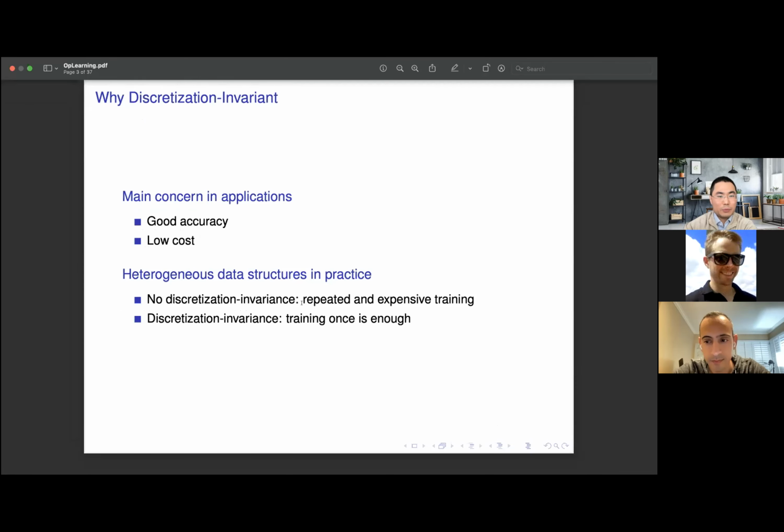So this motivates the work for discretization-invariant operator learning, such that we hope to train the neural network once, then for the application, for all other data structures, we can still apply the trained network to these data structures. So this is the main goal of today's talk.